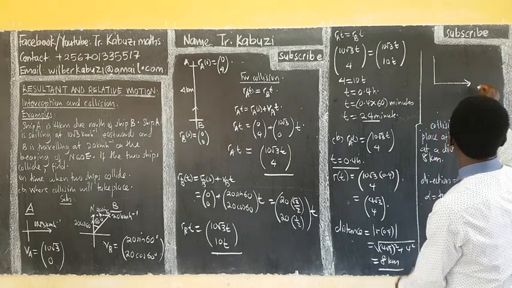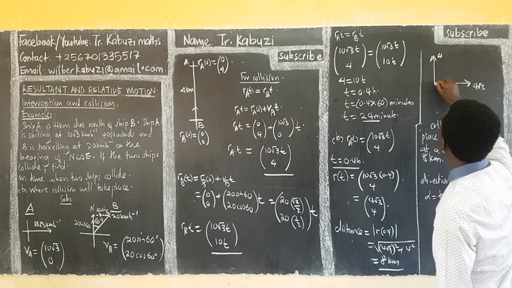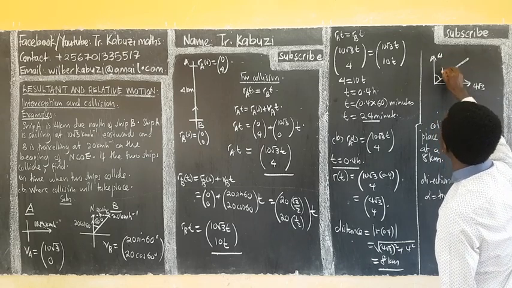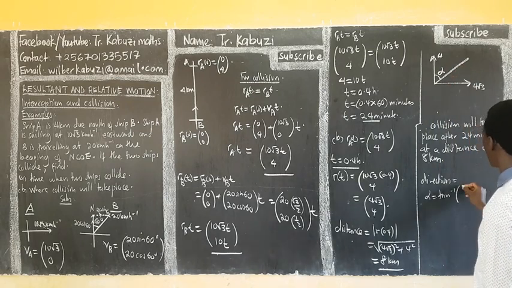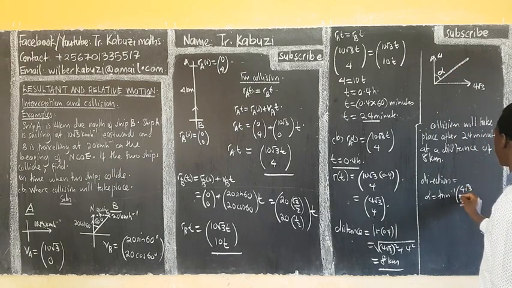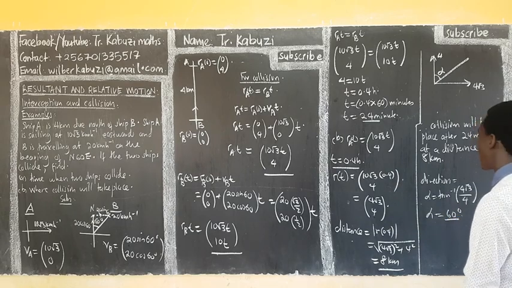This is the x component, 4, and this is the y component, 4 root 3. If we need this angle alpha, alpha is going to be the opposite, which is 4 root 3, over the adjacent, which is 4. So our alpha will be 60 degrees, which you could see from there.